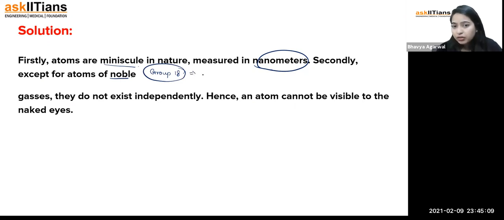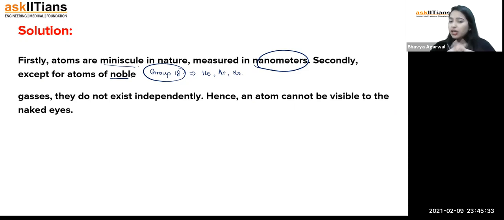For example, our noble gases are helium, argon, krypton, etc. The atoms of noble gases exist independently. But in every other case, they don't exist independently.